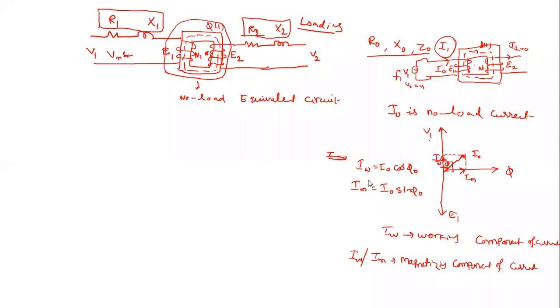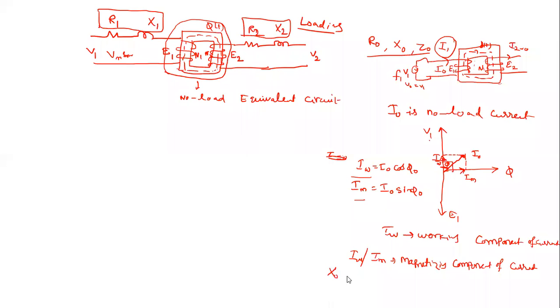Now we applied some voltage, that is the no load voltage, V1 is some V0. Then V0 by Iw will give you the resistance, and V0 by Im will give you the reactance.